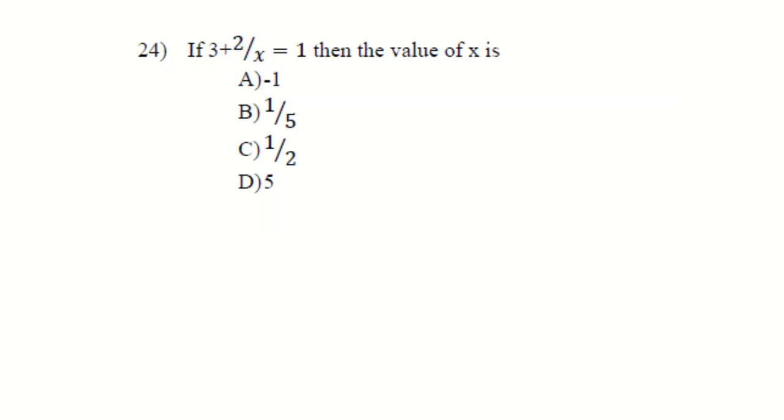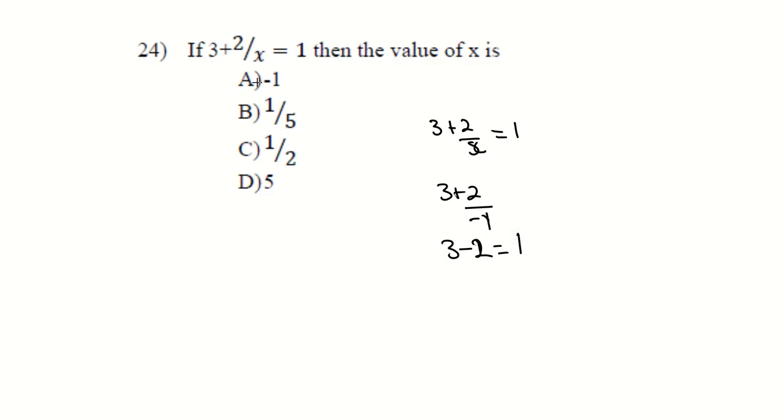Number 24. If 3 plus 2 over x is equal to 1, then what is x? You could simply put in these values rather than having to solve for x. You could say 3 plus 2 over minus 1. That's 3 minus 2, because 2 divided by negative 1 is negative 2, and this will give you 1.